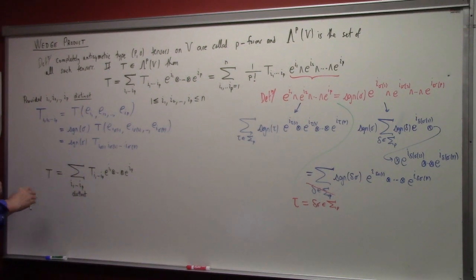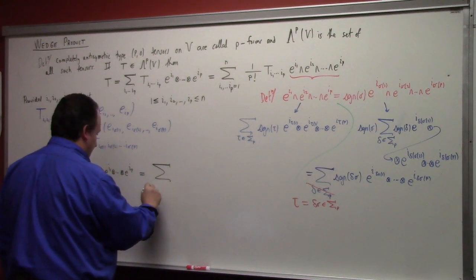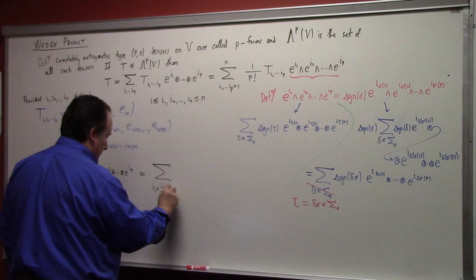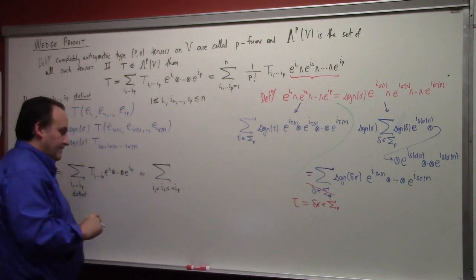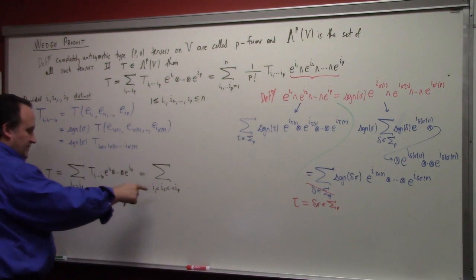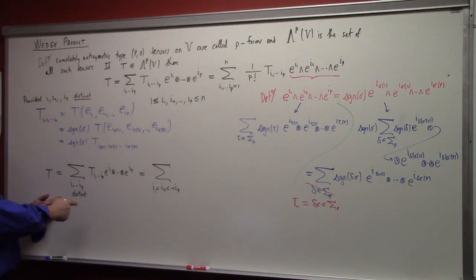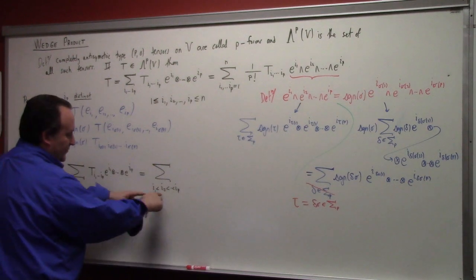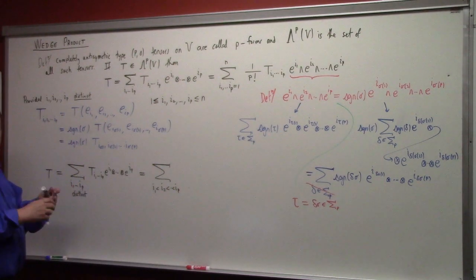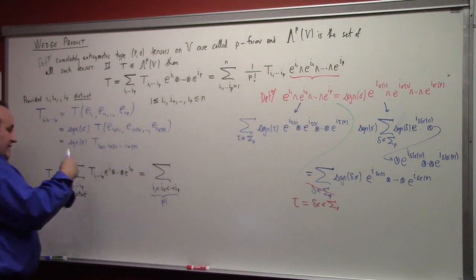But I'd like to relate that to the sum over, say, i1 less than i2 less than ip. Every single possible reordering of these, of which there are how many? Exactly, there are p factorial rearrangements.